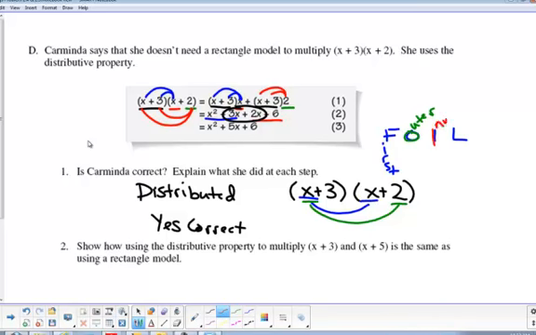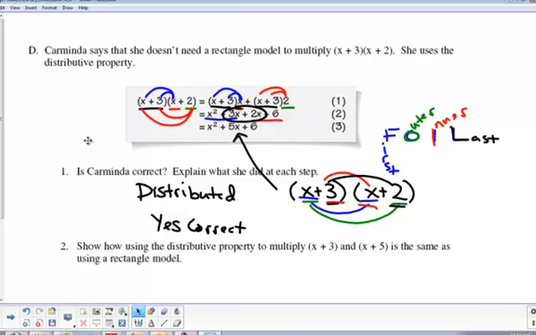Inner. And these are your inner 2 terms. And last. These are your last 2 terms. Regardless, you're going to get the exact same answer. And that's what foiling is, which is double distribution.